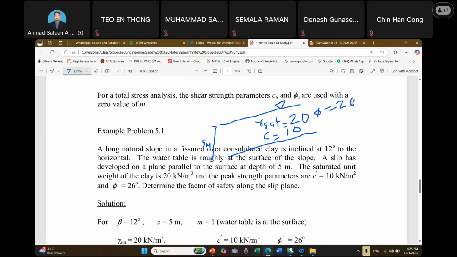Determine the factor of safety along the slip plane.